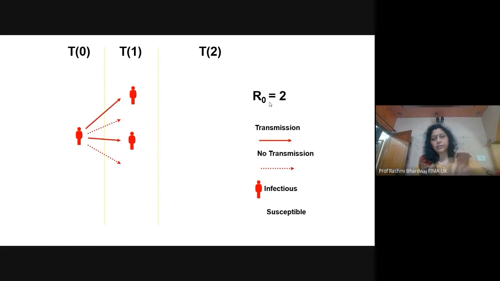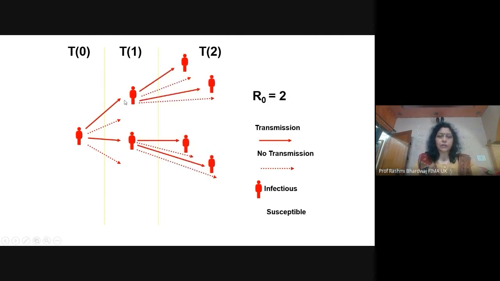So in the first iteration, it is transmitted to two persons. Now, because R0 is 2, each of these persons again infects two other persons. See how this bifurcation is going on, and in a short span of time, one person infects 2, 2 infect 4, and like this, it is spreading.